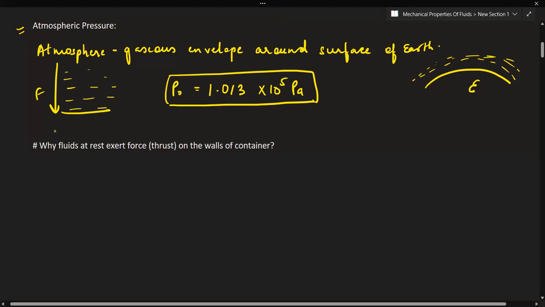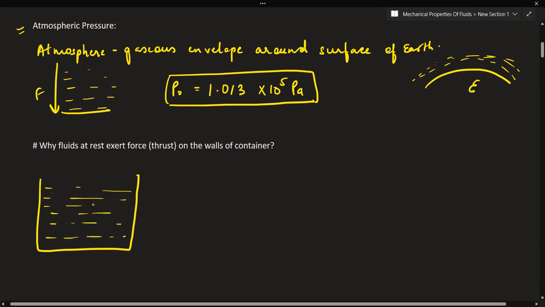Now see, one more thing. We are continuously discussing that fluids at rest exert this perpendicular force on the walls of the container. But now the question is, why do they exert it? These are the layers of the fluid, let's say.